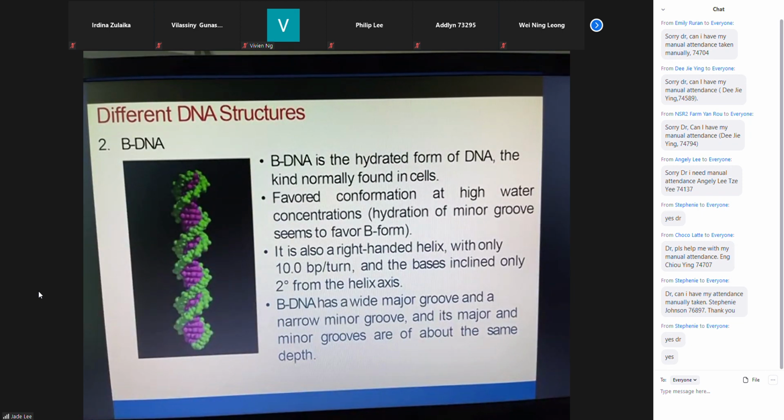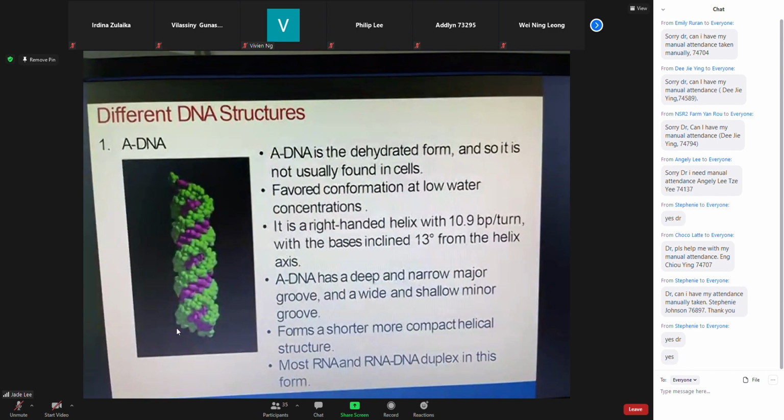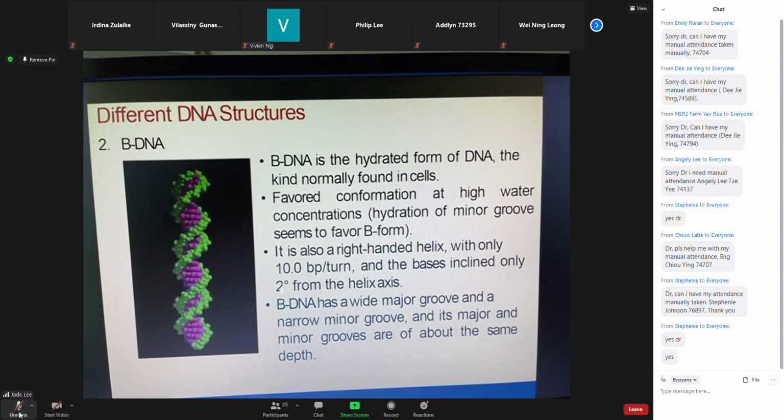Okay, so it's right-handed, with only 10.0 bases per turn, and the bases incline only 2 degrees from the helix. Compared to the A form just now, it is 13, right? The bigger degree. But this one, the degree is much smaller.